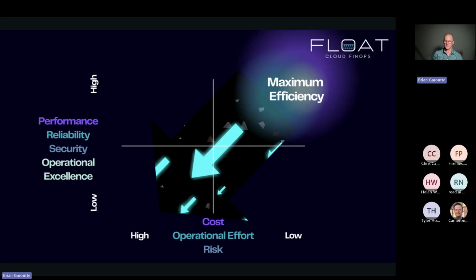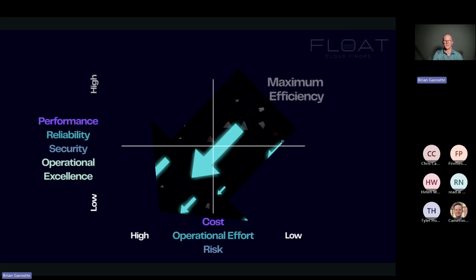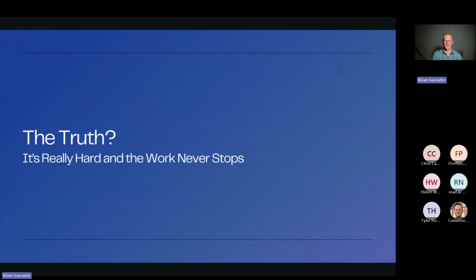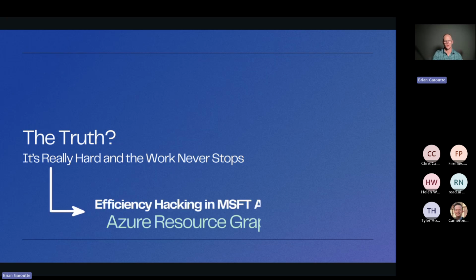And so really, there's so many different things that we could touch on here that are pulling you down and to the left. And that's why we say that this is really hard work, and the work really never stops. So it's not some place that you're striving to get to. It's basically putting the tools and the processes and the people in place to make sure that you maintain that up and to the right in the cloud efficiency matrix.